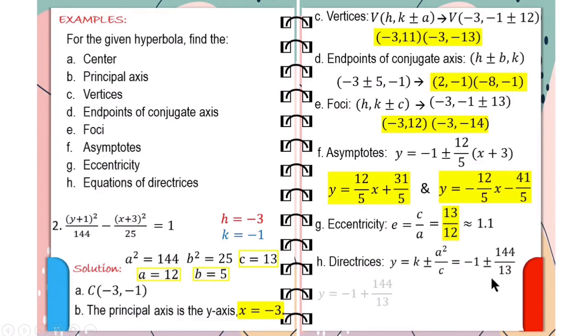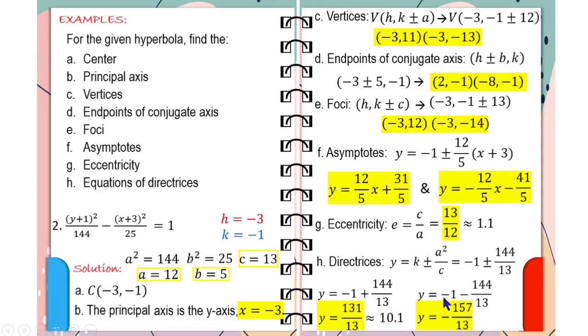And these are y equals −1 plus 144 over 13, and y equals −1 minus 144 over 13. −1 plus 144 over 13 is equal to 131 over 13. 13 times −1 is −13 plus 144 is 131 over 13. This is approximately equal to 10.1. Well, −1 minus 144 over 13 is −157 over 13.